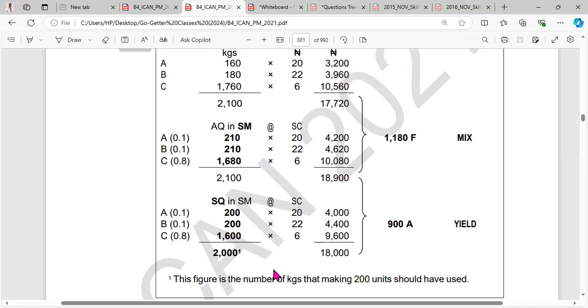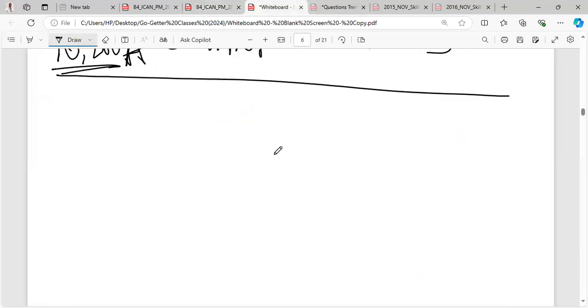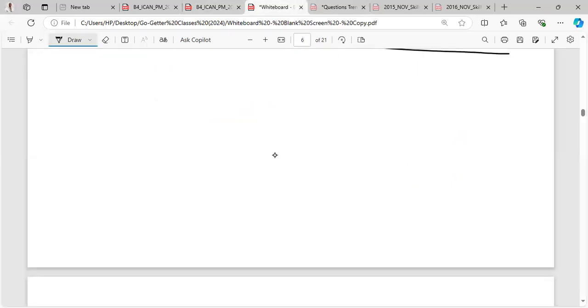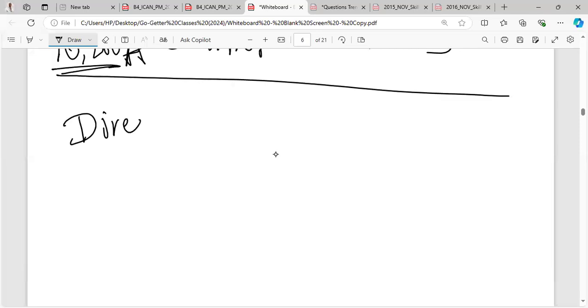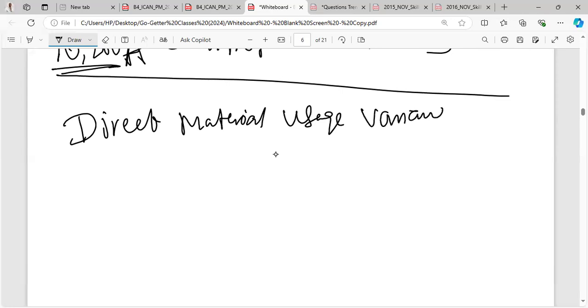So we can say direct material usage variance.